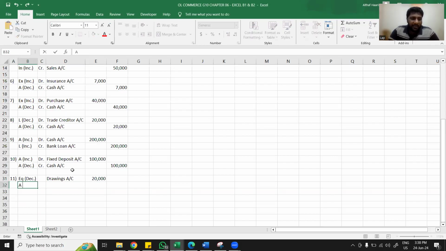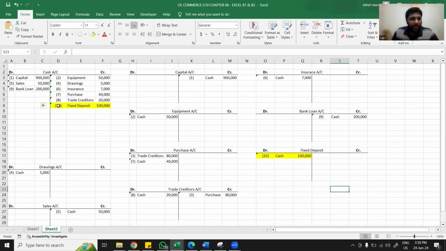From the other side, your asset is decreasing, cash asset, $20,000. So equity decreases debit, cash decreases credit. Drawings debit, cash credit.